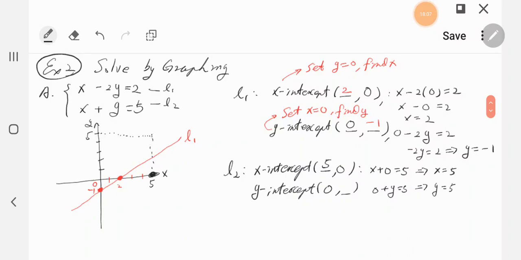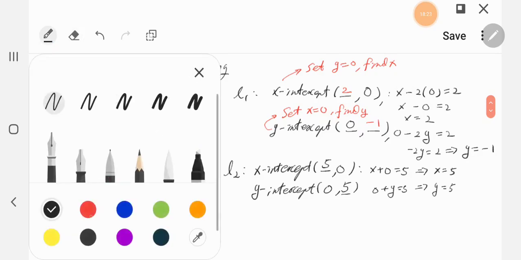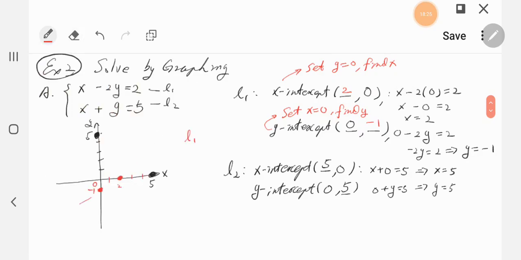I'm sorry, the y-intercept is 5, so the point is 0, 5. So over here, right? The first equation and the second equation are these two.